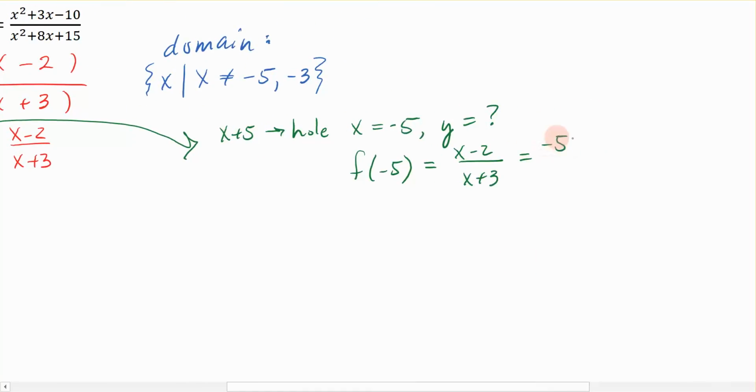So I get negative 5 minus 2 over negative 5 plus 3. That gives me negative 7 in the numerator and a negative 2 in the denominator. And a negative over a negative is a positive. So when x is negative 5, y is going to be positive 7/2. And that's the point where I have a hole in my graph. We're going to need that in a little while.